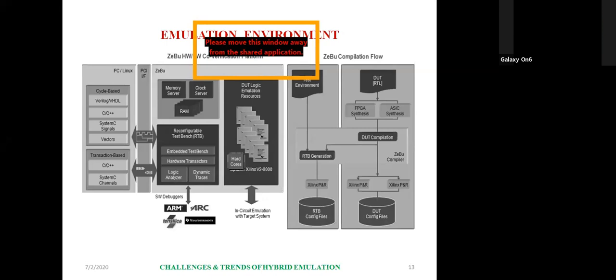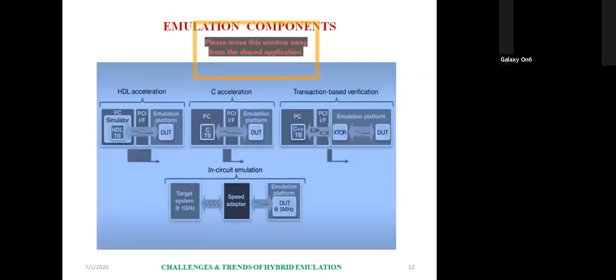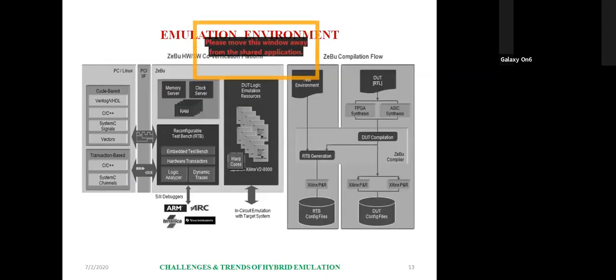Finally, you can port out onto the emulation board. Here you can see the cycle-based Verilog, C++, SystemC, the vectors and the transaction-based C++ environment. This is Linux, and this PC interfaces with their Zebu. The same thing they are portraying in a different manner.